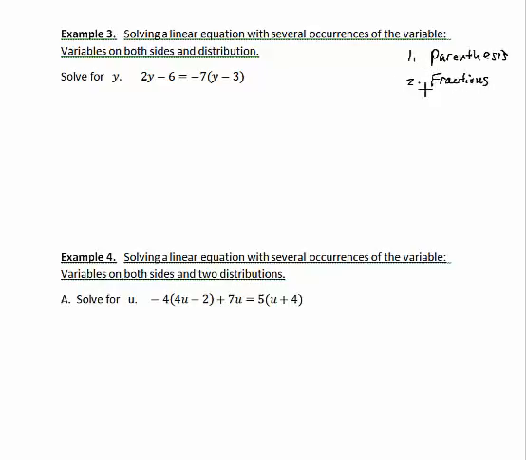So this is a little abbreviated, but these are the things that we want to get rid of. 3, combine like terms. And then 4, at this point, we should be at a two-step equation. Solve the two-step.